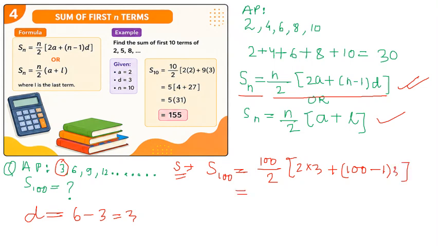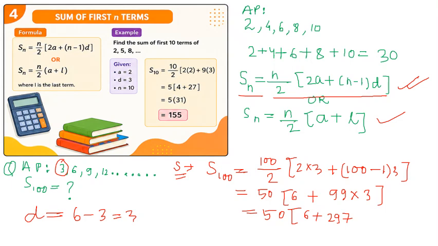So 100 by 2 is 50. 2 times 3 is 6, and here 99 into 3. Got it? 99 multiplied by 3 is 297. Now what is the next step?